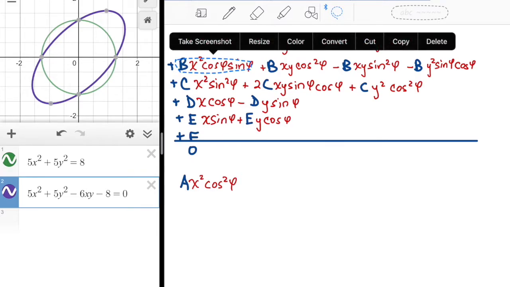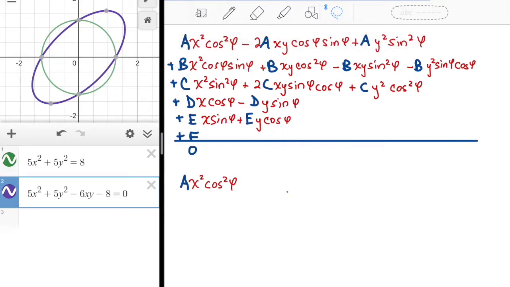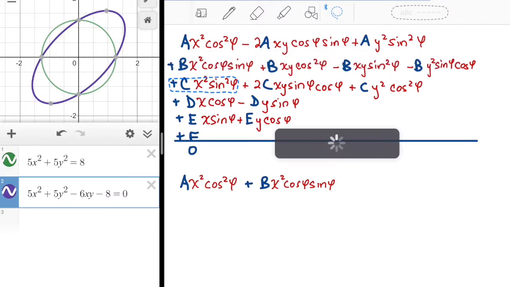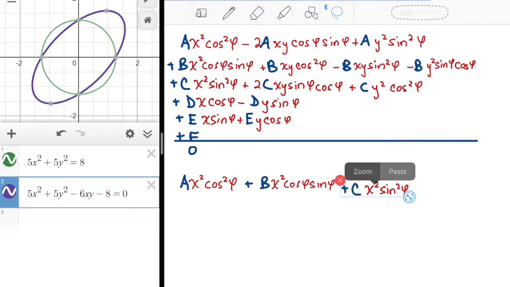This one has an x squared. Throw in a little plus sign right here. It's really just the first three terms and the first three components. You can just do a copy paste right here.